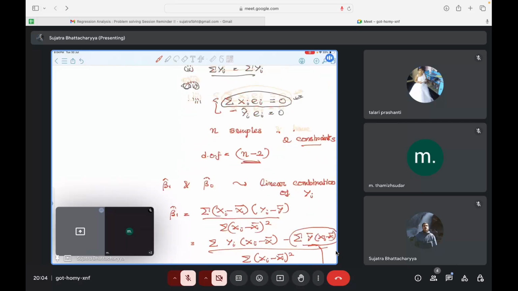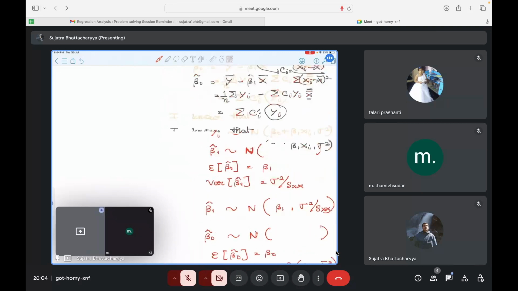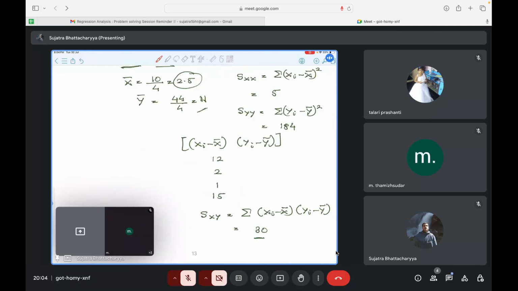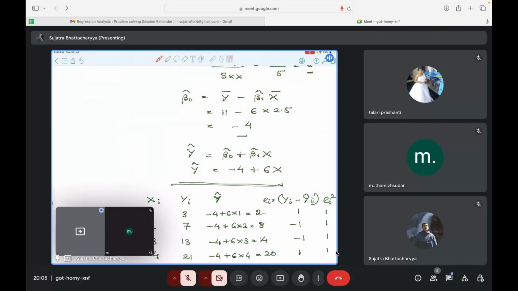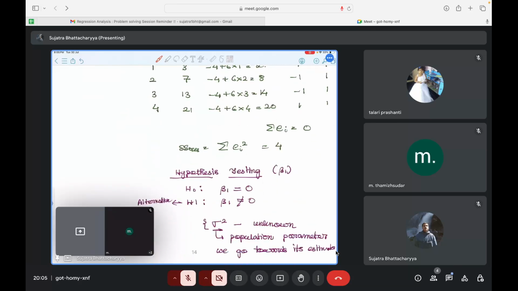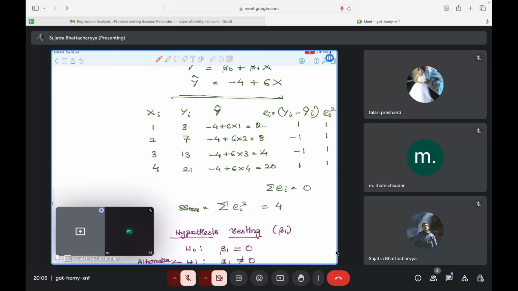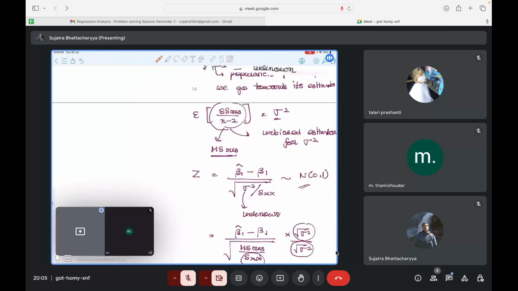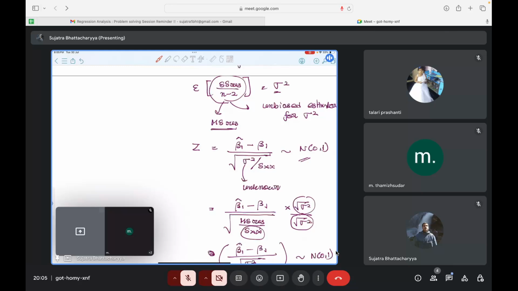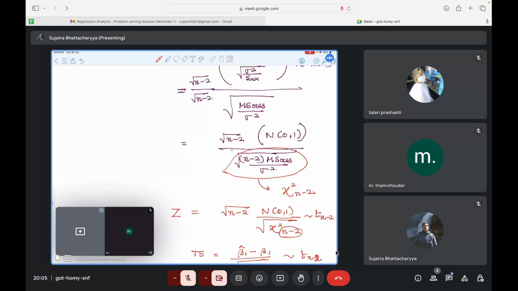Based on the properties of the least square fit, we solved one question and calculated beta naught cap and beta 1 cap. We found the slope and the intercept and hence the best fit line. We also calculated the SS residual, this one, 4. And then we went to hypothesis testing, where we tested the hypothesis at 5% significance level.